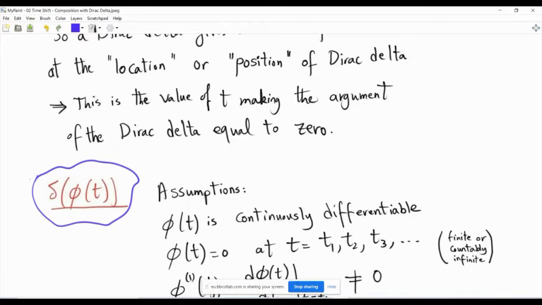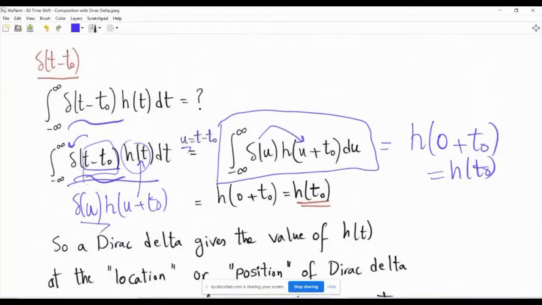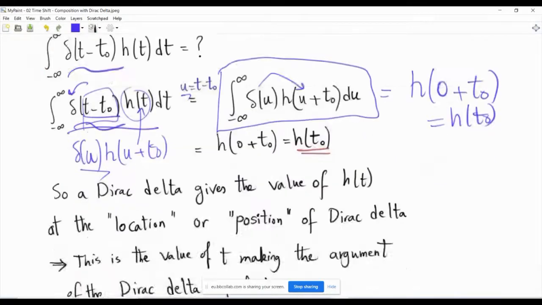Now, of course, we need our function phi. If it's any arbitrary function, things will be very tough. So we need to impose assumptions so that we can go somewhere. So we will assume that delta of a function of t. Again, as a simple example of 5t, it will be t minus t0, a linear function of t in which you just add the constant minus t0.